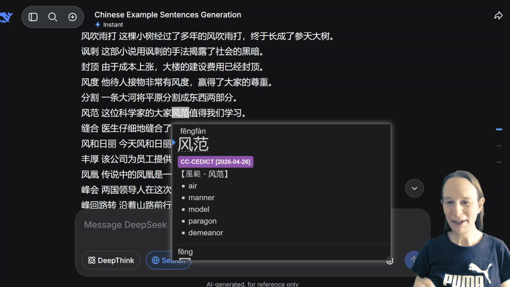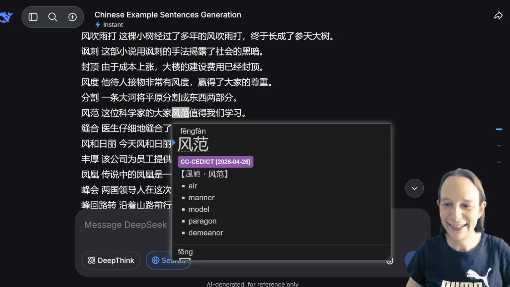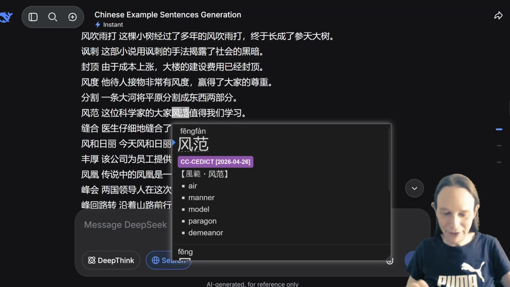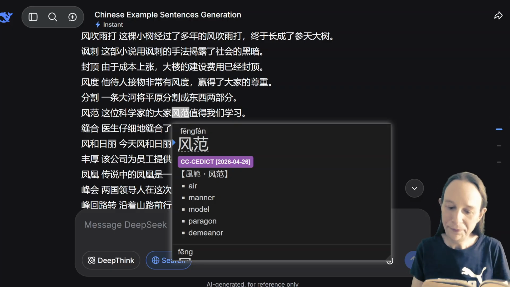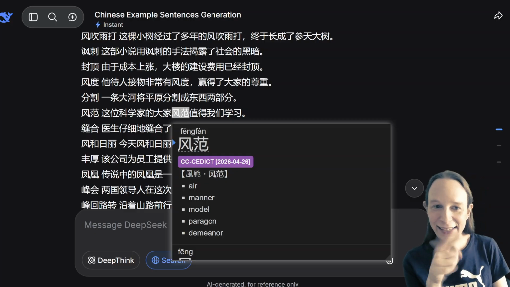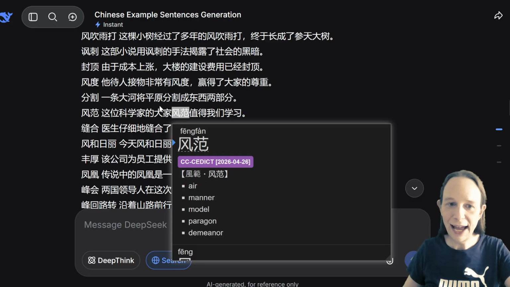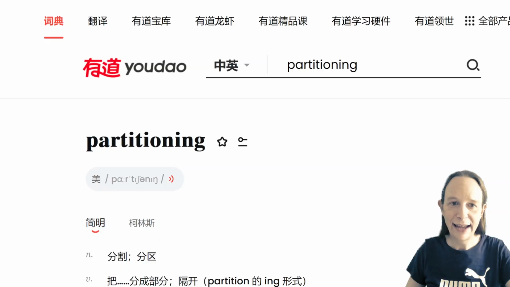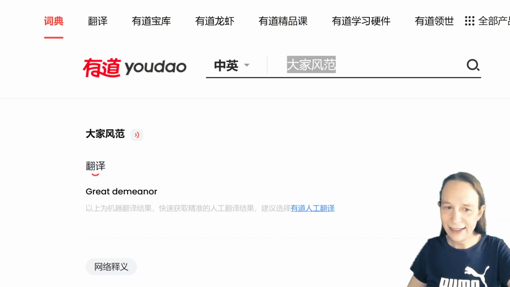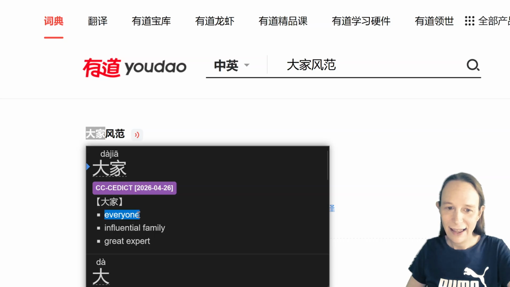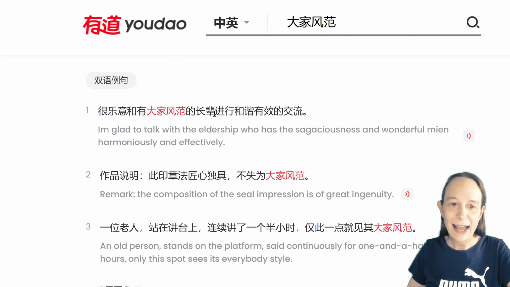There's like a whole bunch of words. Yeah, so the dictionary defines it as 风度气派, and then it gives the example 大家风范. So it looks like 大家风范 is an actual word. 大家 doesn't mean everyone here. Something like presumably great expert. 大家风范.